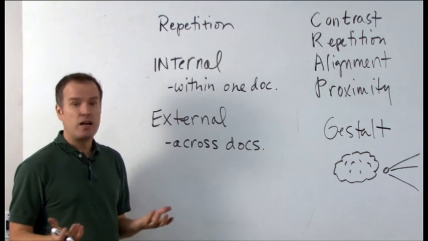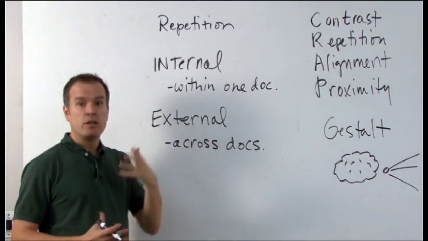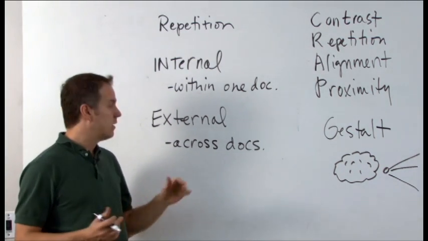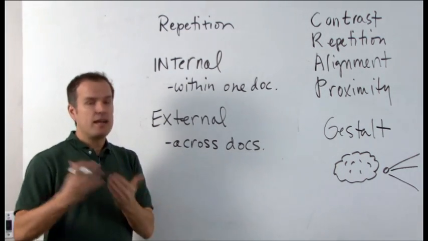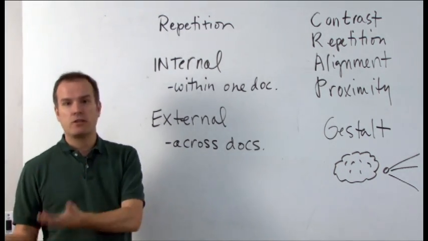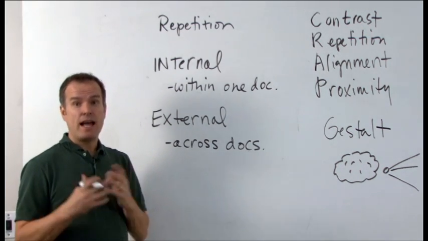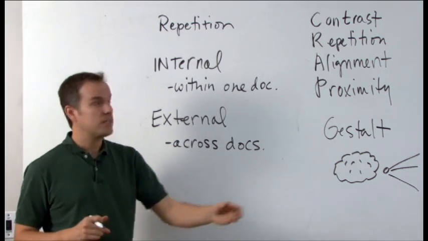I want it to use the same font. The idea here is that by creating external repetition, over time, when people see more and more documents that are produced with the same sets of repeating elements, they'll get a sense that those documents are connected to a particular company, a particular work site, that those documents should be grouped together as a whole set of work. So external repetition helps us across documents.